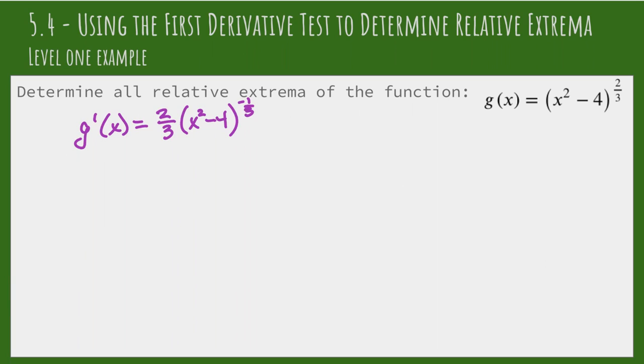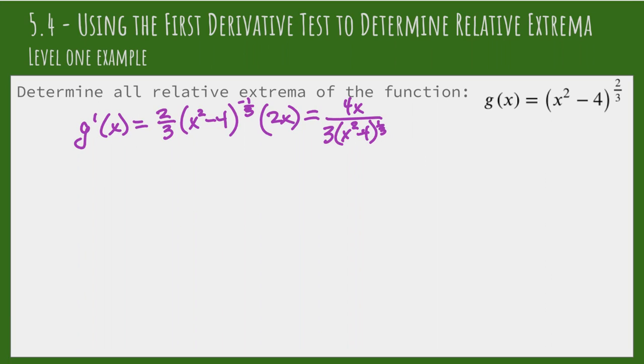That's using the power rule, and then we have to multiply by the derivative of the inside function, which is 2x. So cleaning that up, we're going to have in the numerator 2 times 2x, which is 4x. In the denominator, we're going to have 3 times x squared minus 4 to the 1/3 power.